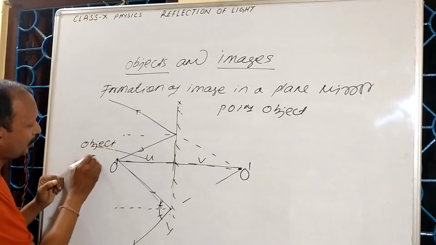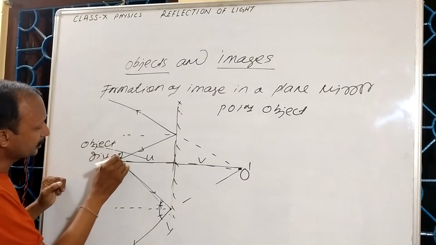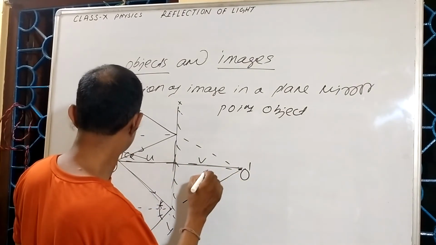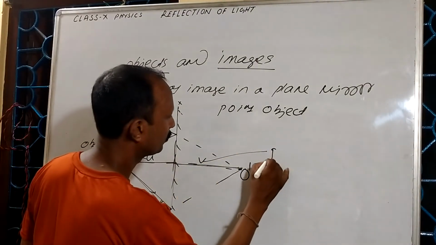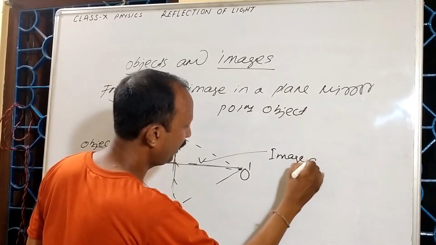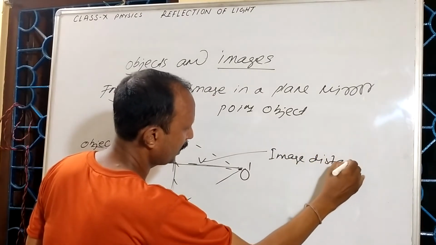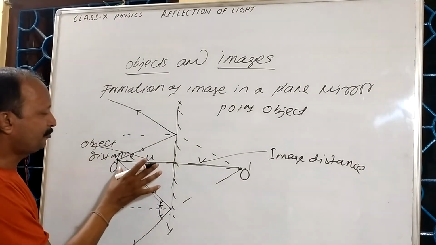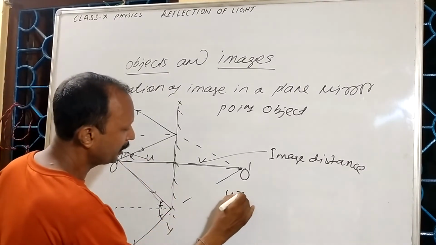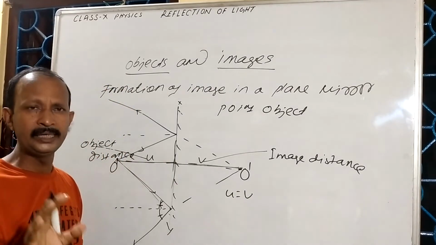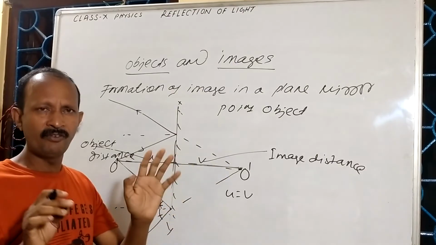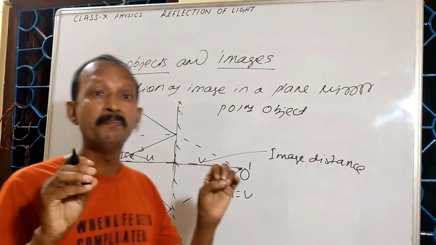Mirror to image is called image distance. In a plane mirror, you will find that object distance and image distance both are equal, and the image is always formed behind the mirror.